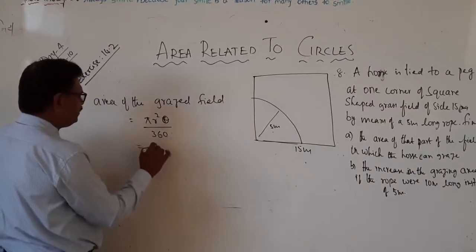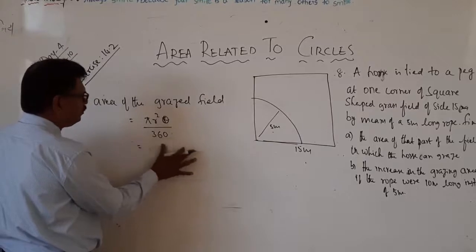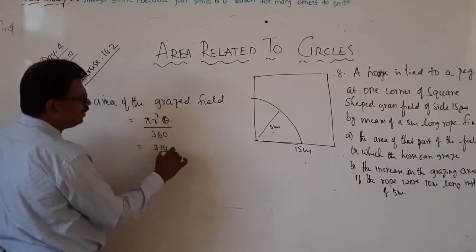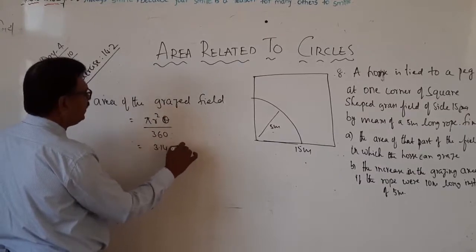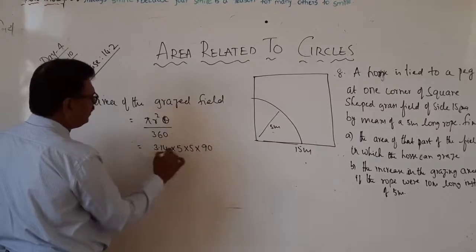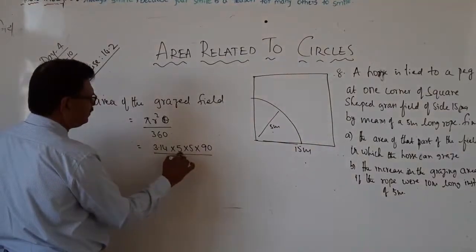Pi is 3.14, into r is 5 meters, into 5, into theta is 90 divided by 360.